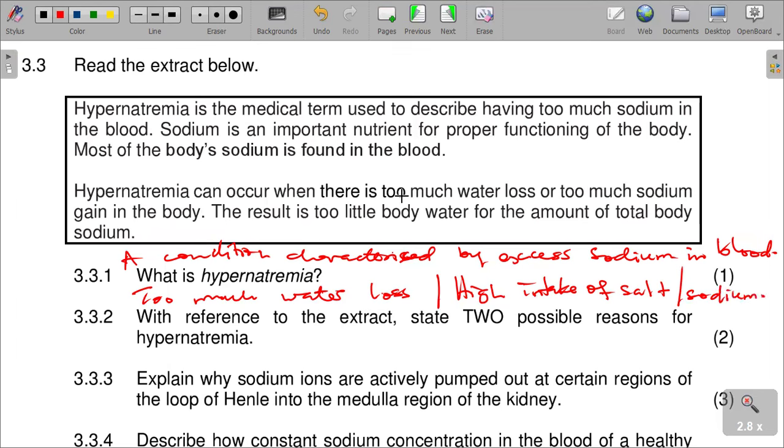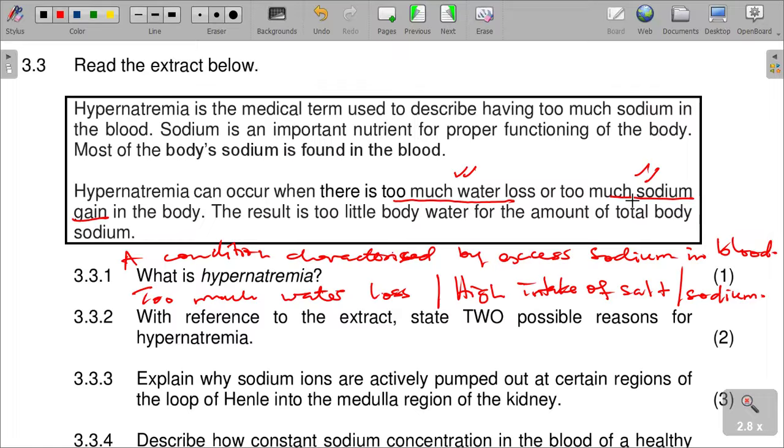You can see that too much water loss and too much sodium gain in the body are the factors that are causing this condition.